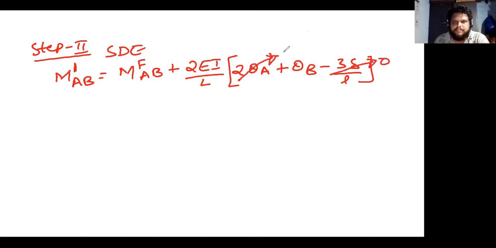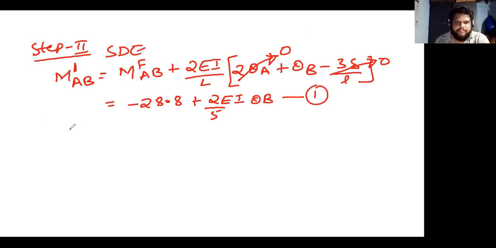If theta A is fixed end, so this is also 0. So if I rewrite the equation, my equation will become 228.8 plus 2EI by L, so 2 by 5 EI theta B. So take it as equation number 1. Okay, this is M dash AB.